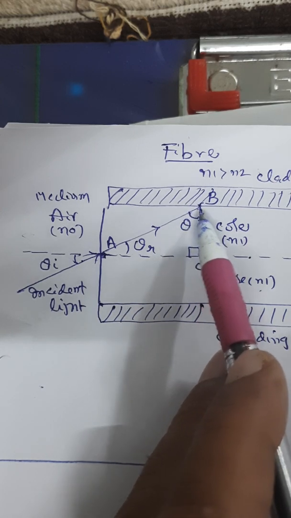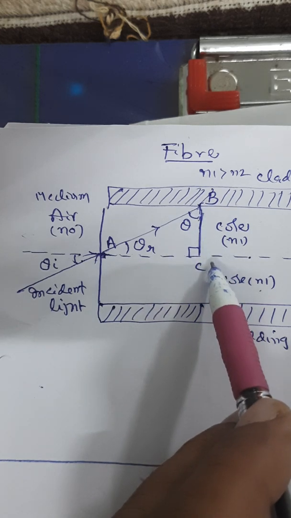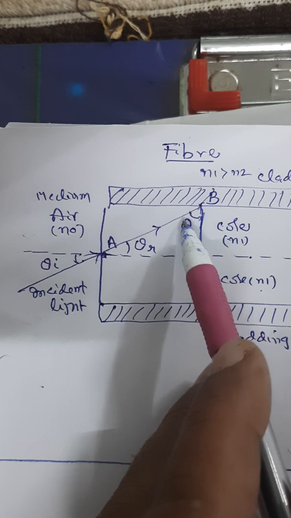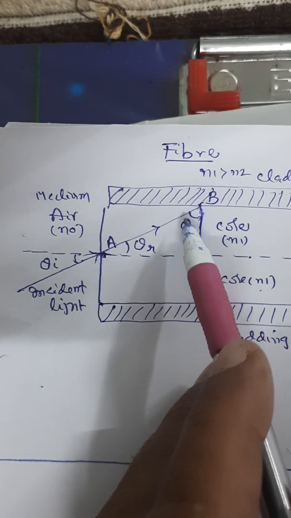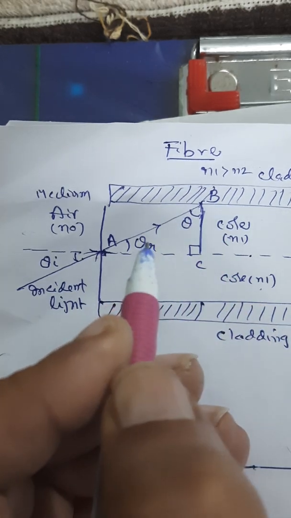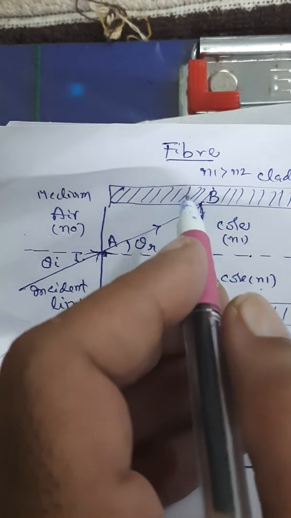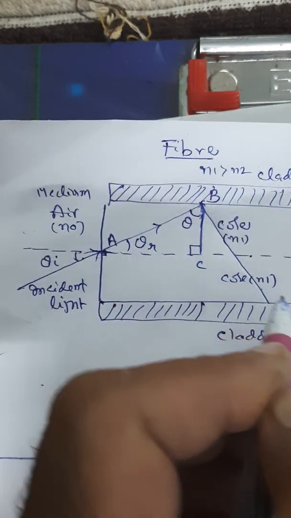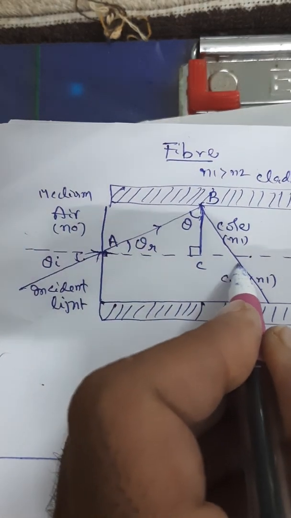When this theta is greater than the critical angle, theta C, the total internal reflection takes place in the core. So therefore, it tries to fall like this.